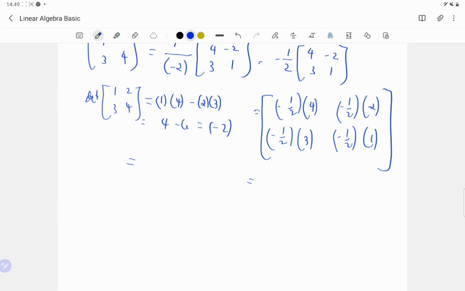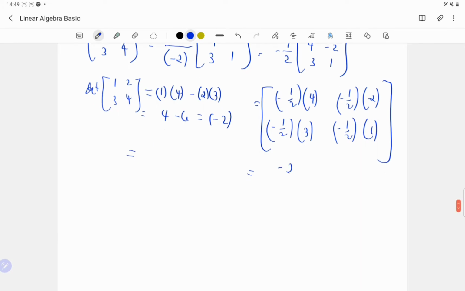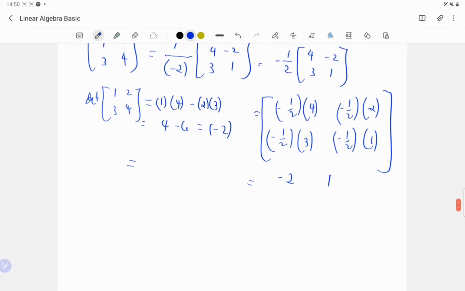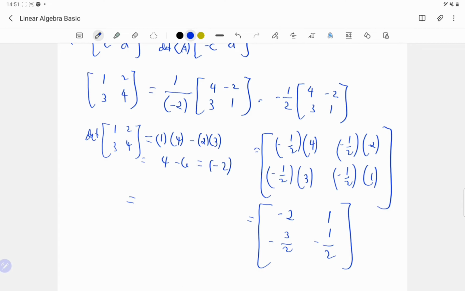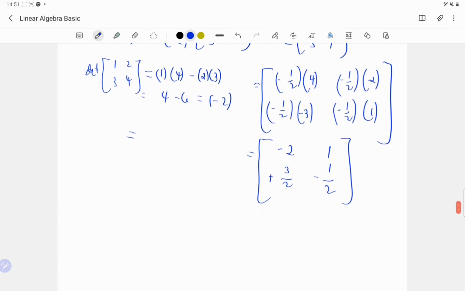You can solve. Let's solve together. -2. How about this? It's 1. How about this? It's 3/2. How about this? It's -1/2. Okay, this is our answer. Oh, I spot a wrong answer. Sorry, I mentioned it right. It should be negative, and this should be negative. This should be negative, and this is positive. So this is the answer.